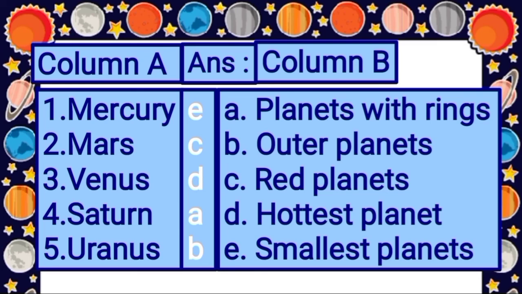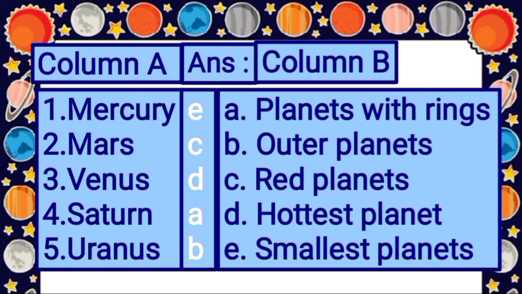As you know, Saturn is also known as the planet with rings because it appears to have several rings around its middle. So for fourth question, Saturn, answer is option A, planets with rings.